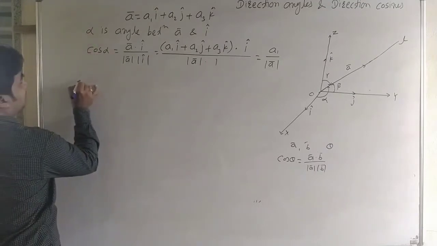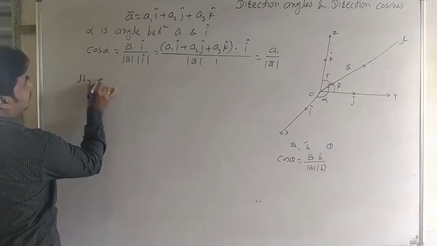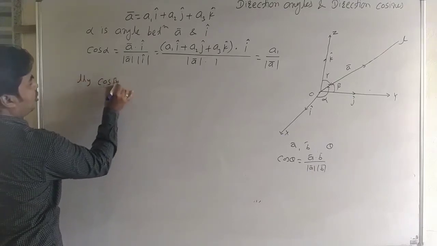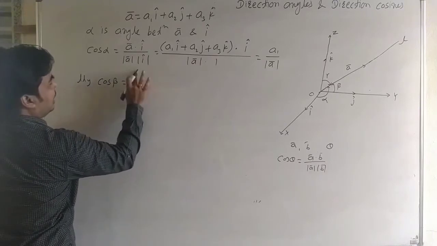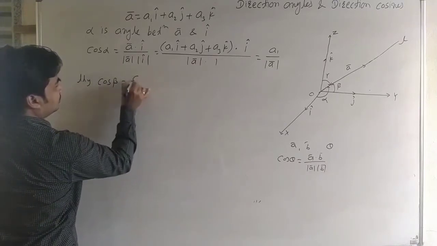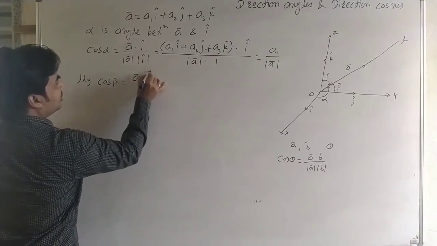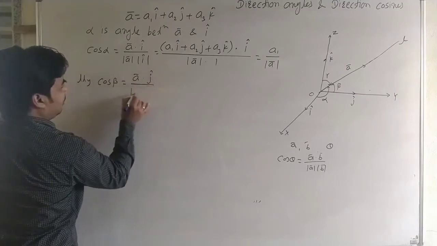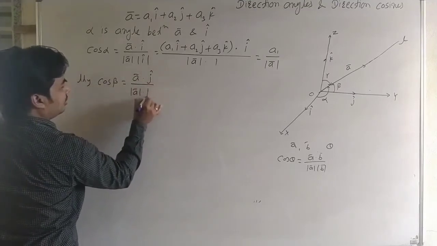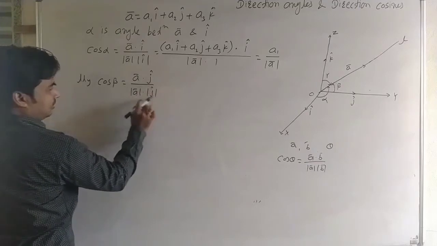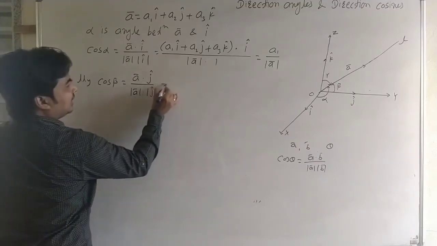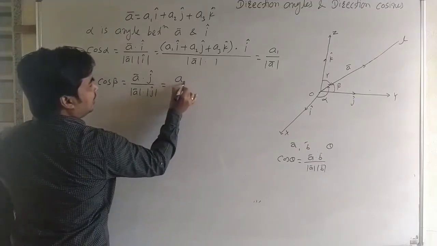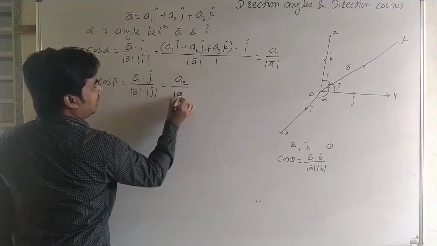Now similarly, cos beta is a bar dot j cap upon magnitude of a bar into magnitude of j cap. It is a scalar, then it is a2 upon magnitude of a bar.